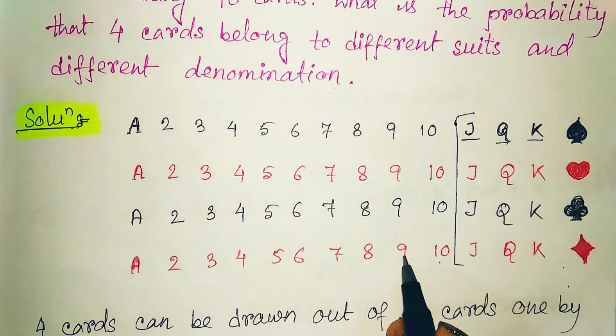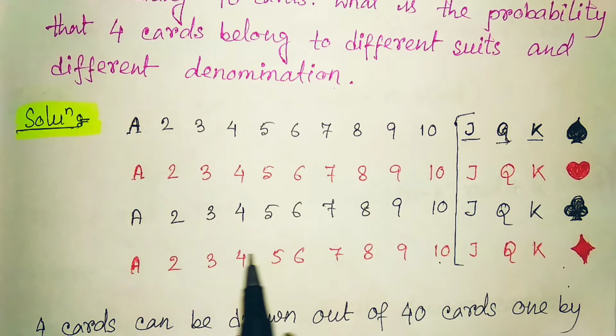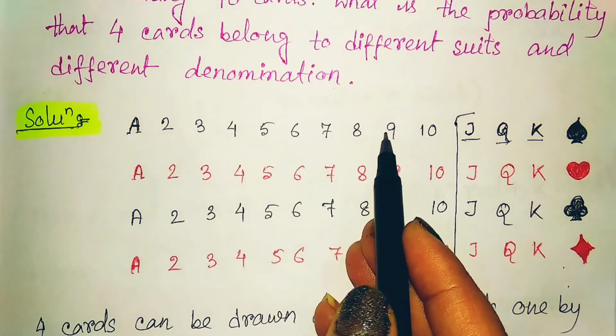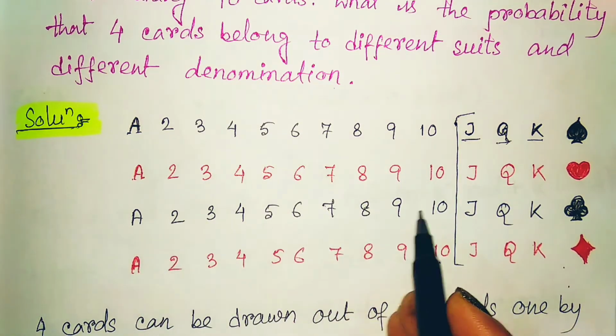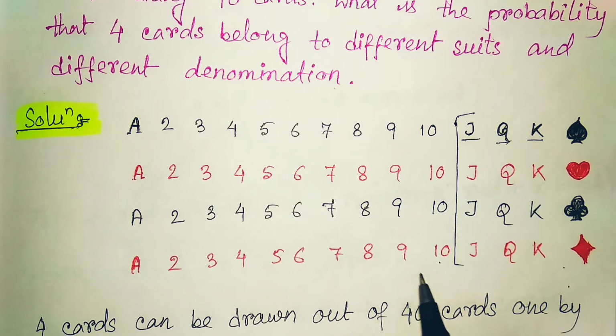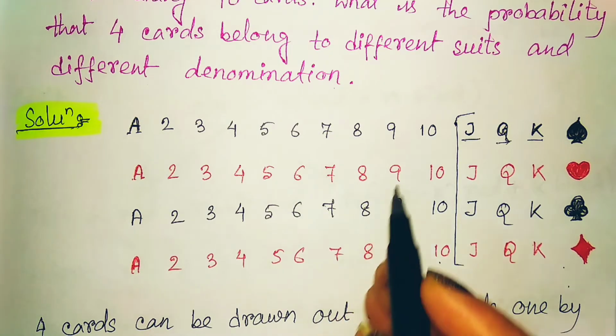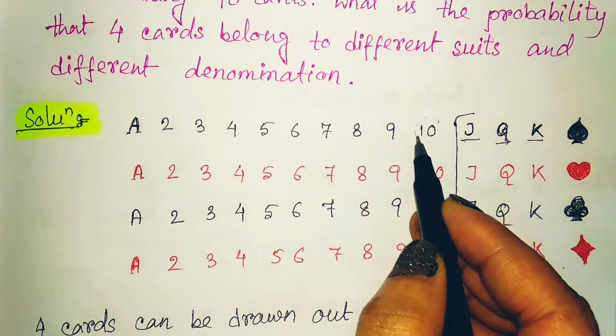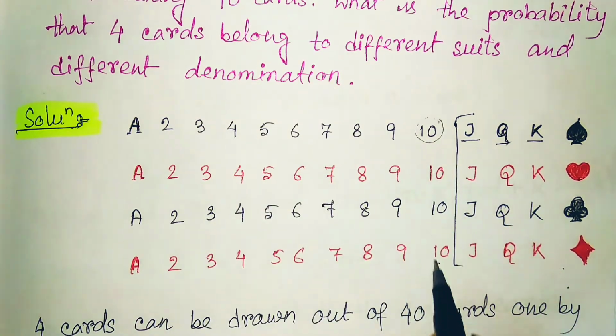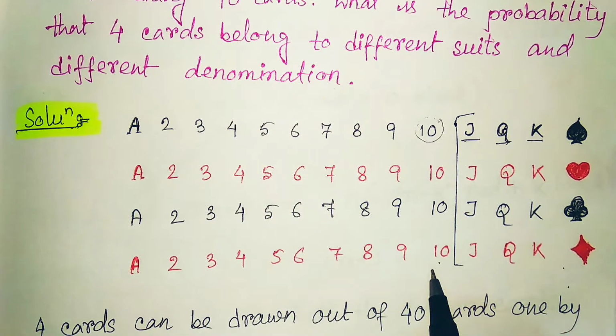Now our requirement is to find the probability that the 4 cards belong to different suits and different denominations. We should draw 4 cards from this pack. And these 4 cards are of different suits, that means one from here, second one from here, third one from here, fourth one from here. And different denomination means if once you select, suppose, this one, then these remaining 3 it is not possible to select.